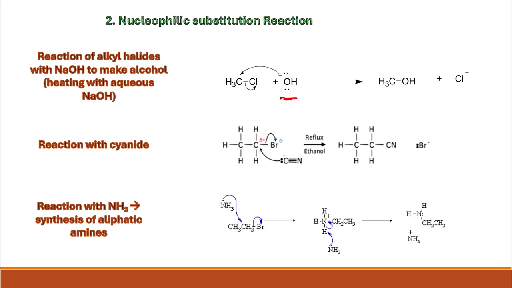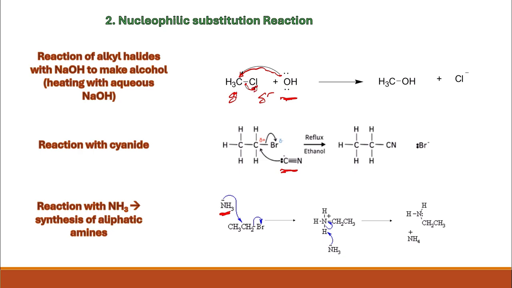The nucleophile could be an OH minus, a cyanide, or ammonia. So always remember the curly arrow, the movement of the electrons from the nucleophile toward the electron deficient atom, which is the carbon, because this is partially positive and this is partially negative. And as a new bond is formed, the other one is broken.